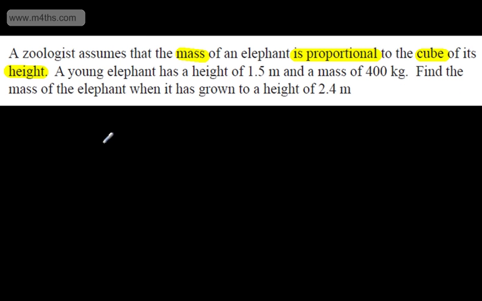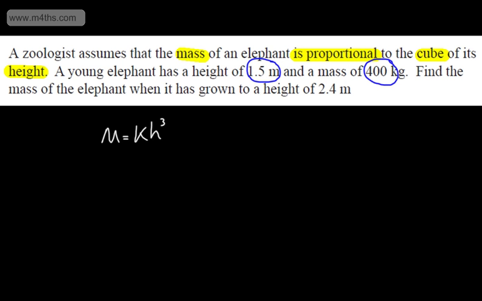So let's go ahead and rewrite this. So what we can say is that the mass is going to be proportional, using k as the constant of proportionality, to h cubed. That's the cube of its height. If it said the cube root, we'd have now the cube root. We now take the initial conditions. We've got a height of 1.5 meters and we've got a mass of 400 kilograms.